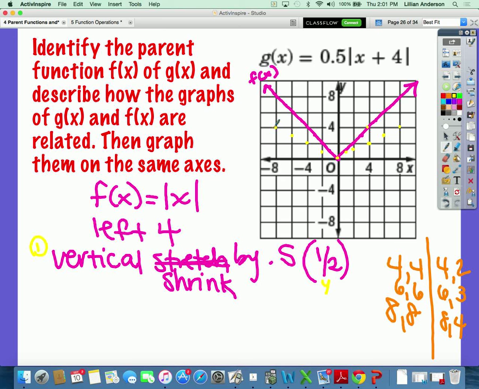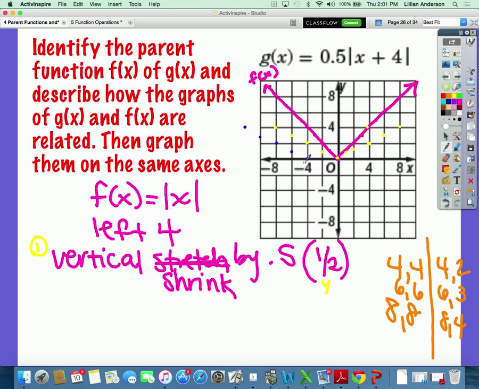But I'm not done yet. What else do I have to do? Move them left 4. So every point has to move to the left 4 units. Careful. Your scale, because it's by 2s, I'm not going to move over 4 spaces. I'm only going to move over 2. So 2, 2. I'm going to move left. Everybody see how I just moved those over 4 units?